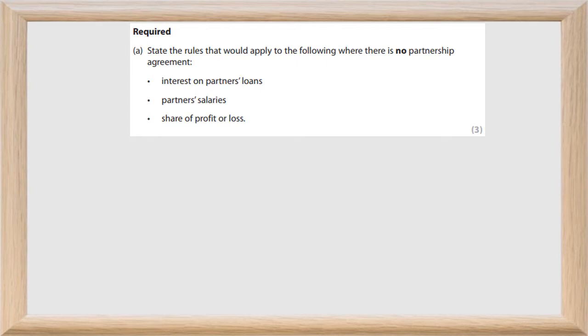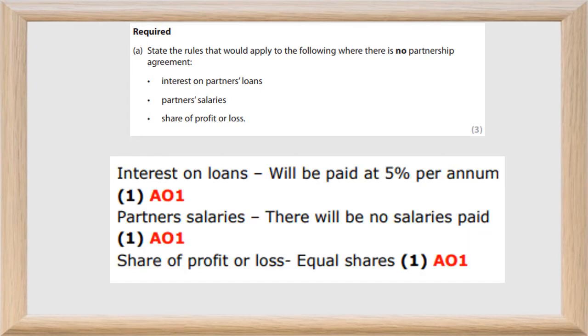Having gathered the key points of the question, let us now see what Part A asks us. Part A asks us to state the rules that would apply to certain cases when there is no partnership agreement. First, interest on partners' loans. Unless there is a written partnership agreement, 5% interest should be paid on partners' loans per annum.